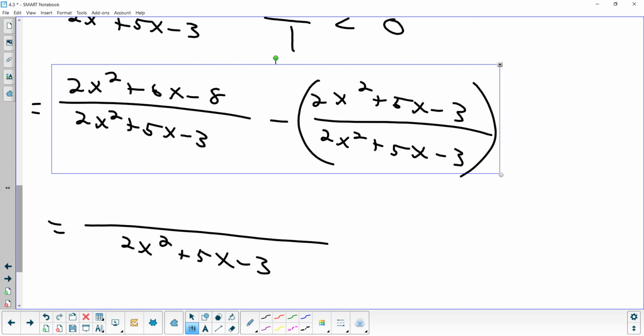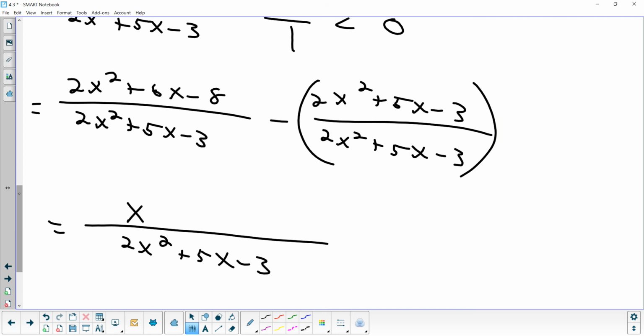What's 6x minus 5x? 1x. And negative 8 minus 3. What's negative 8 minus 3? Negative 11. Okay, so the top actually came out even easier than the original problem. We don't even have a quadratic anymore. We still do in the bottom.